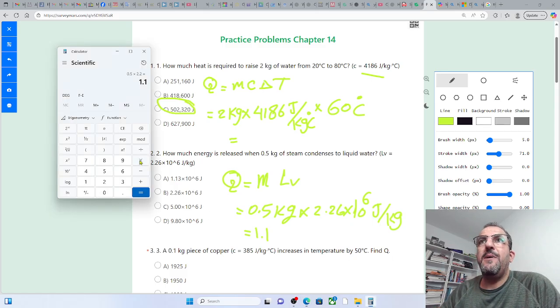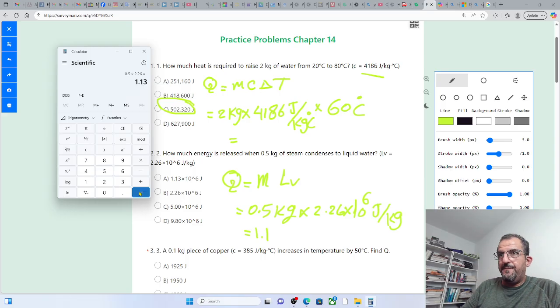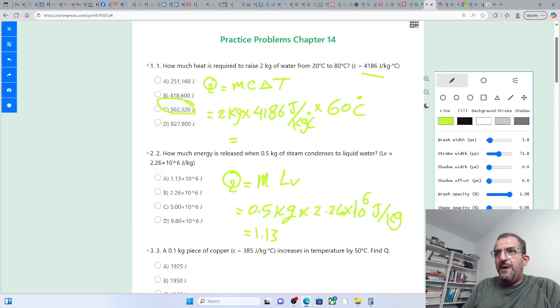So this is my mistake. We have 0.5 times 2.26, and that's equal to 1.13. So I have 1.13 times 10 to the power 6 joule, and you can see that A is the right answer.